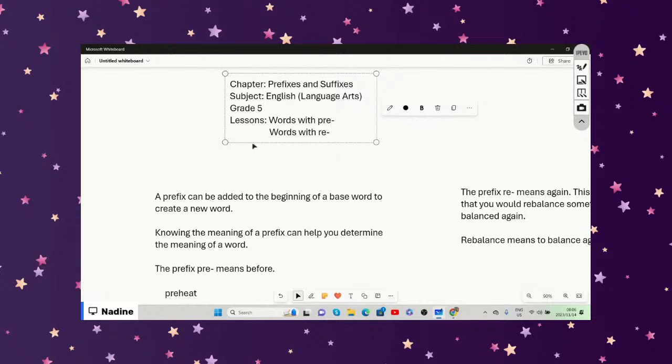A prefix is a word or a group of letters that can be added to the beginning of a base word to create a new word.